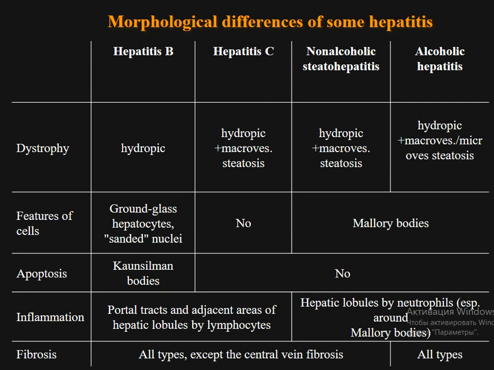Apoptosis is common for hepatitis B, and we discussed a little bit before, as a result of apoptosis, Councilman bodies are formed.